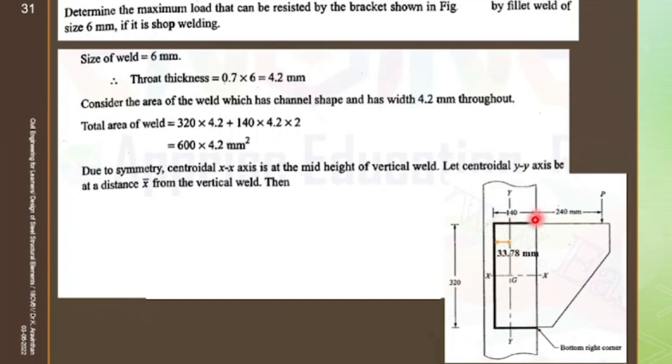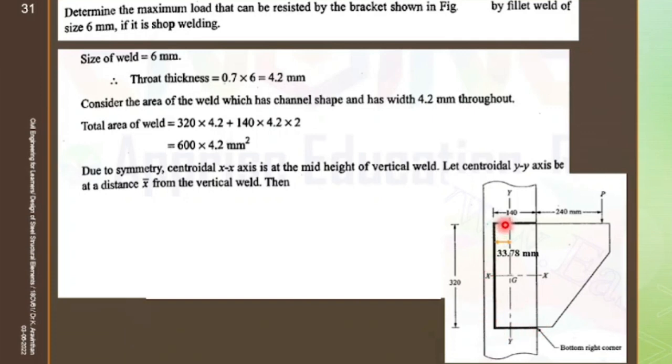How to find the first area? How to find the area of this length? 140 into what is the thickness? 4.2. So 140 into 4.2 plus 320 into 4.2 plus again 140 into 4.2.